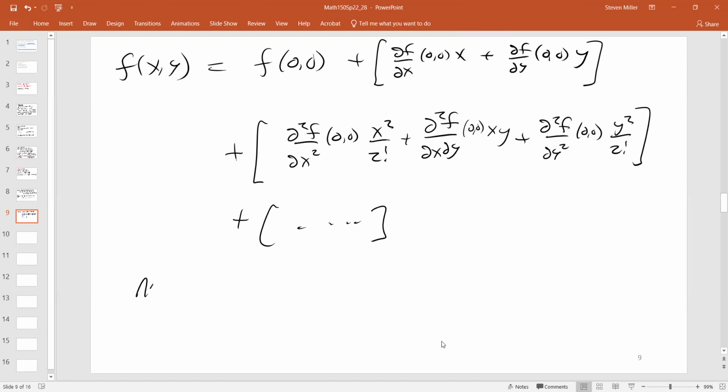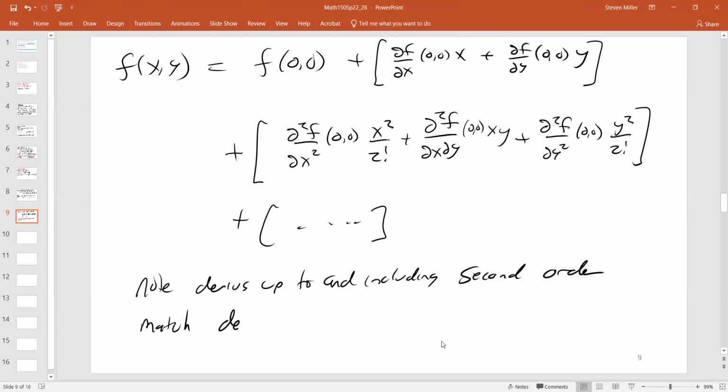So note derivatives up to and including second order match derivatives of f at 0, 0. So now if I want to continue going, I would have to put in all the combinations for degree 3.